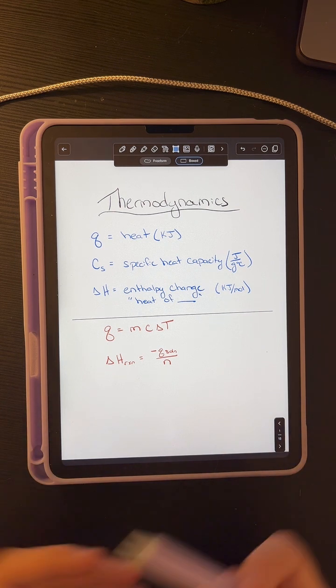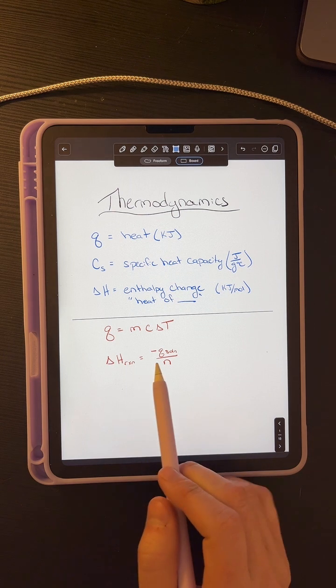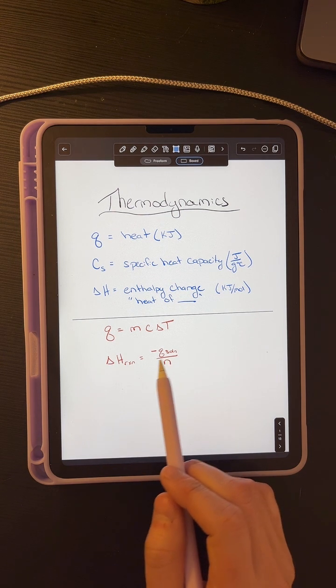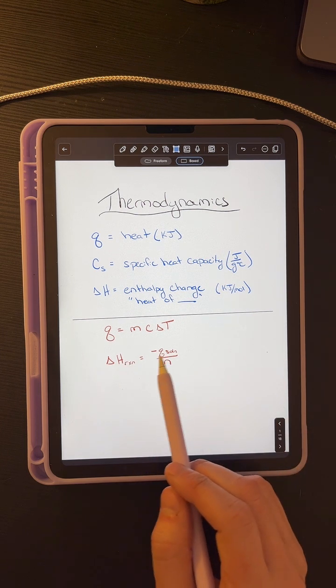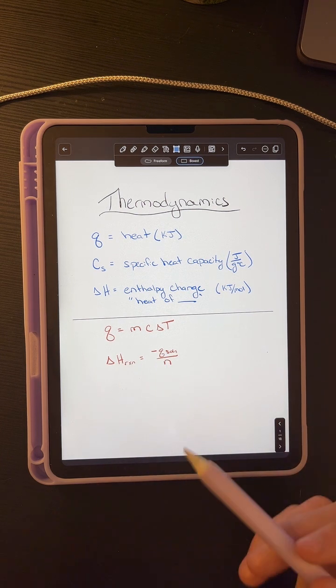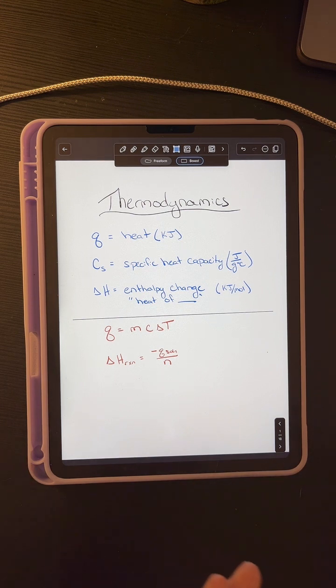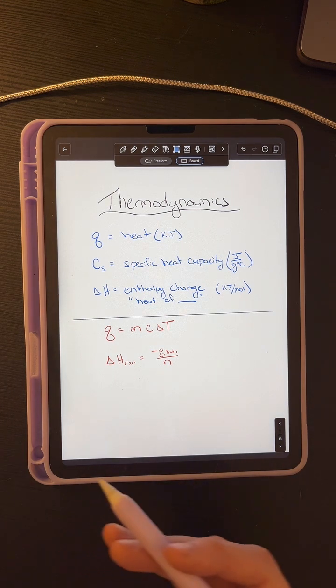We could be dissolving something, we could be breaking bonds. And so if we wanted to look at the overall enthalpy change of the reaction, we have to say that it's the negative heat, because heat is going to be transferred completely.